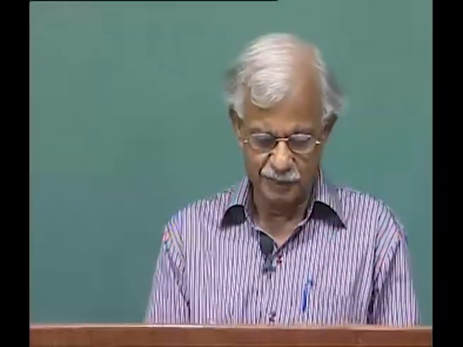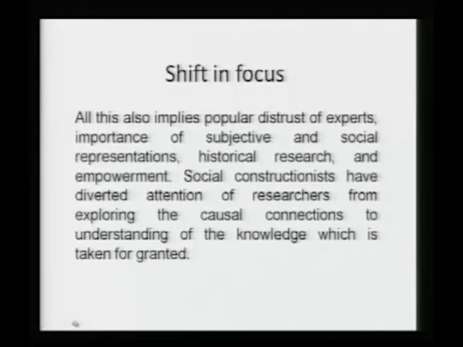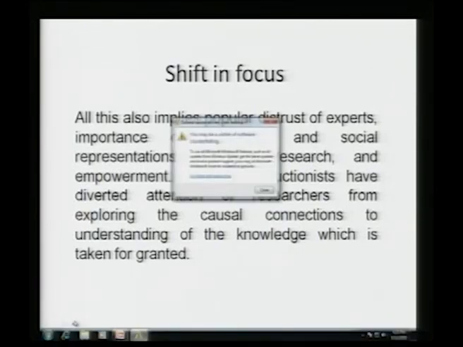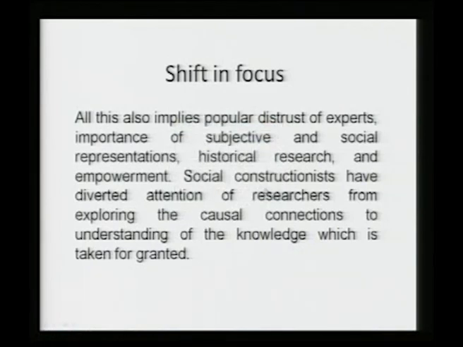The growing popularity of postmodernism has particularly drawn people's attention to paradigmatic theories. So, there is a shift in focus. All this also implies a popular distrust of experts, that experts' knowledge is not the only form of knowledge or the real knowledge or more privileged knowledge or better knowledge. There is also importance of subjective and social representations.